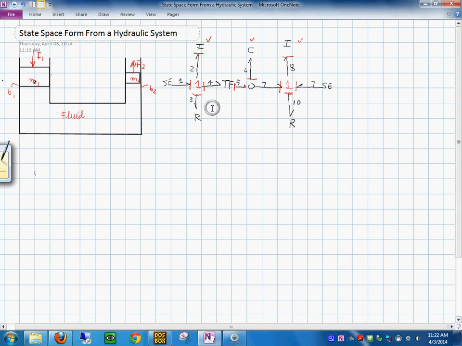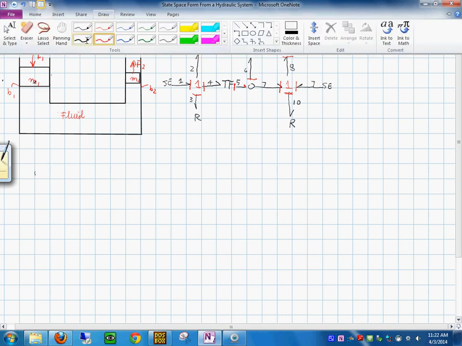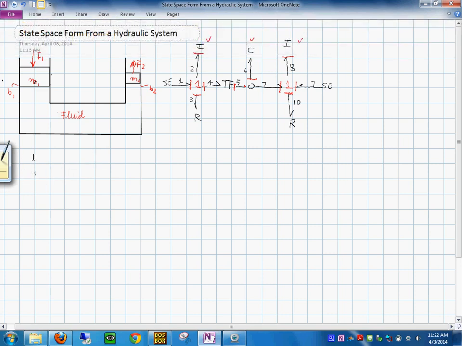So we could start in any order, with this or with this, just following the causal marks, and we could derive the equations. For example, in this case, I would say that we could start with dp sub 8 dt.